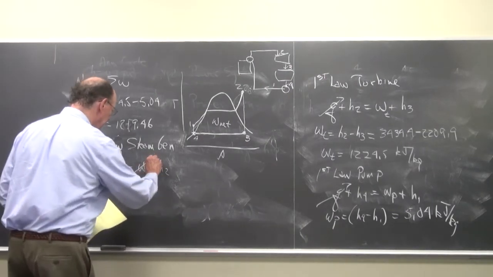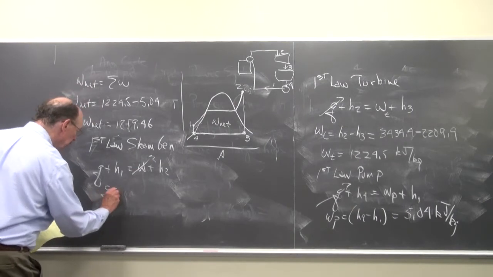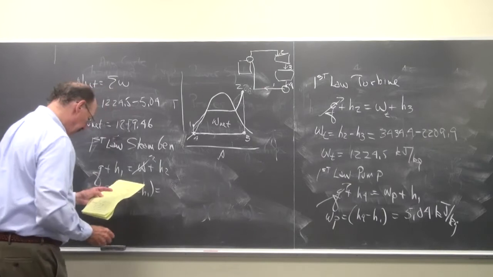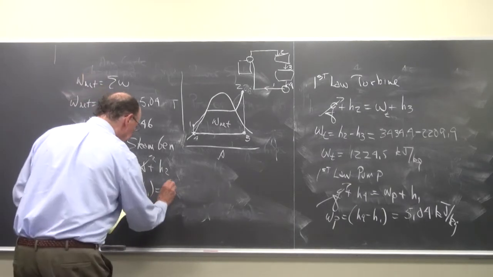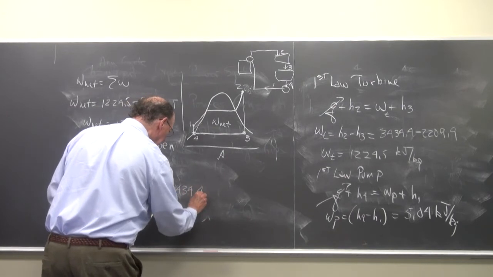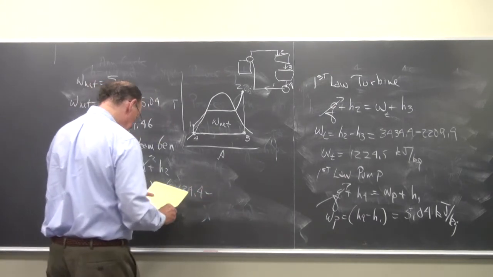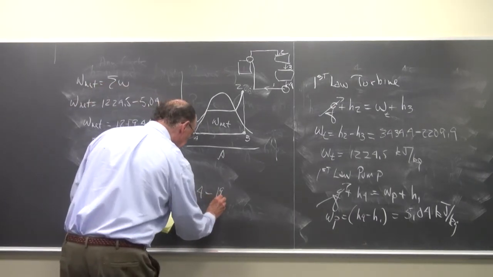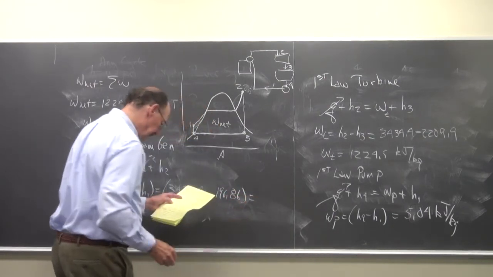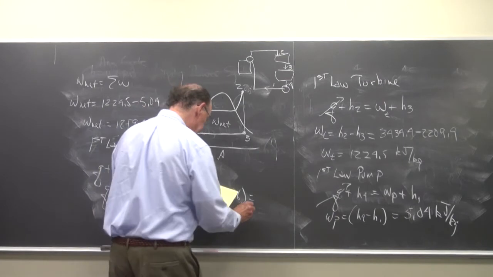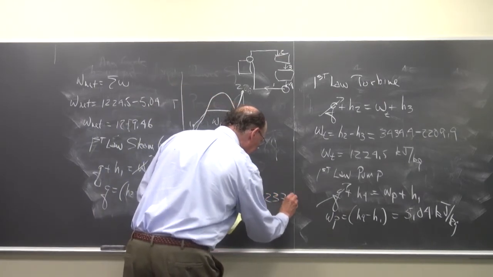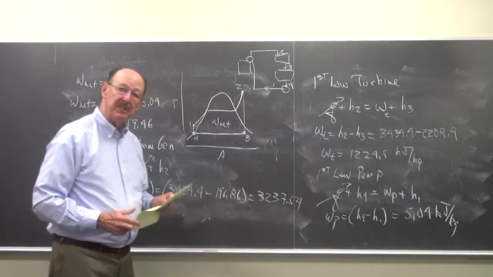So Q is equal to H2 minus H1, which is 3434.4 minus 196.86, which is 3237.54. So that gives us the heat in.